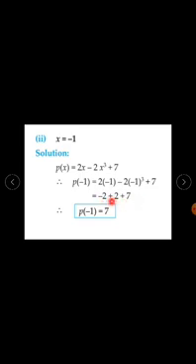Now minus 2 plus 2 is 0, so here plus 7 only. So p of minus 1 equal to 7. So the value of this polynomial when x equal to minus 1 is 7. Students, third sub question is homework.